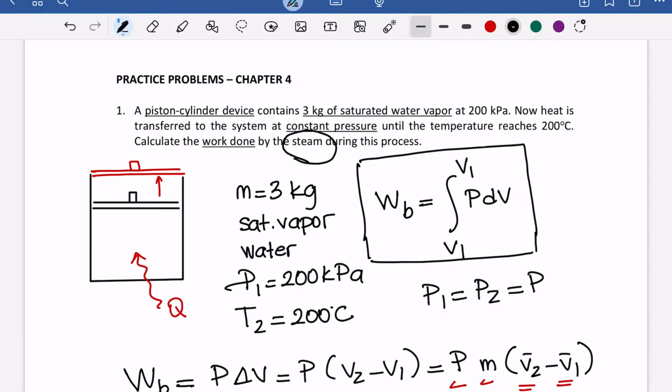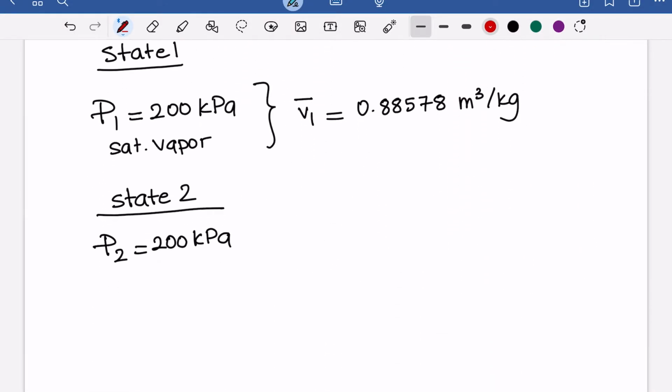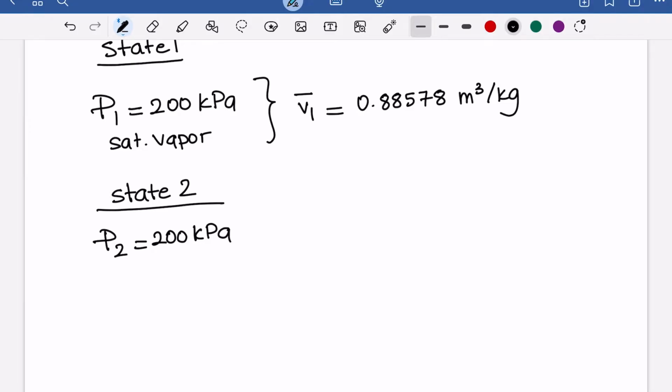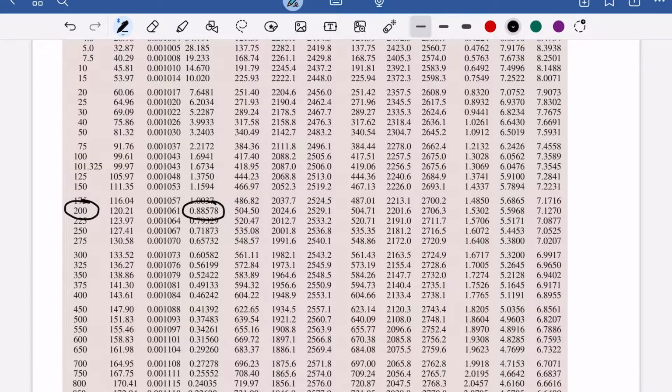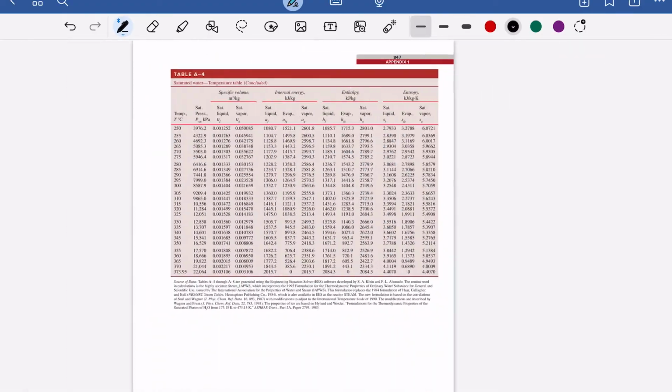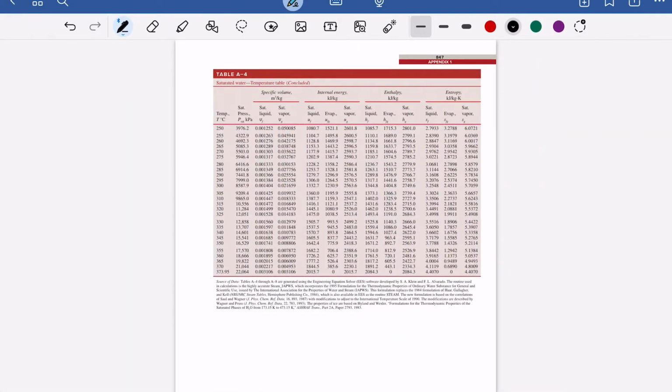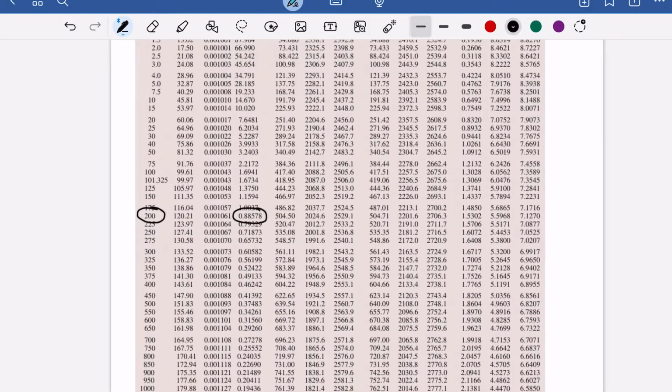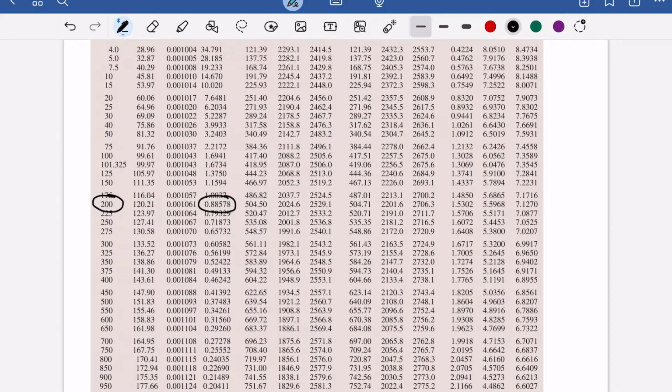Actually, looking at what we have written for what is given for the second state, now I notice they actually gave us the temperature. So in addition to the pressure, they also give you the temperature. So this should help. Let's go to the temperature tables, or pressure tables, that's fine. At 200 kilopascal pressure, this is our saturation temperature.